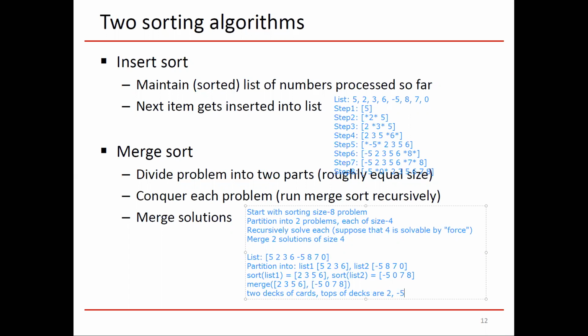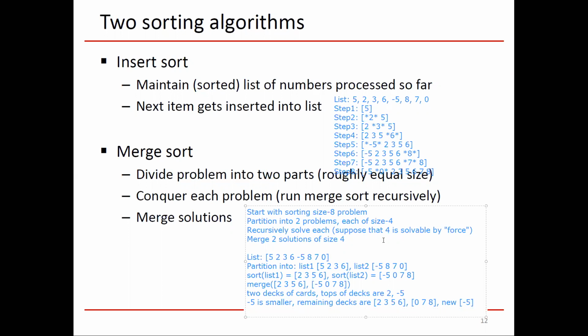And I put aside the smallest. -5 is the smaller. And the remaining decks are 2, 3, 5, 6, and 0, 7, 8. And then the new one is -5.